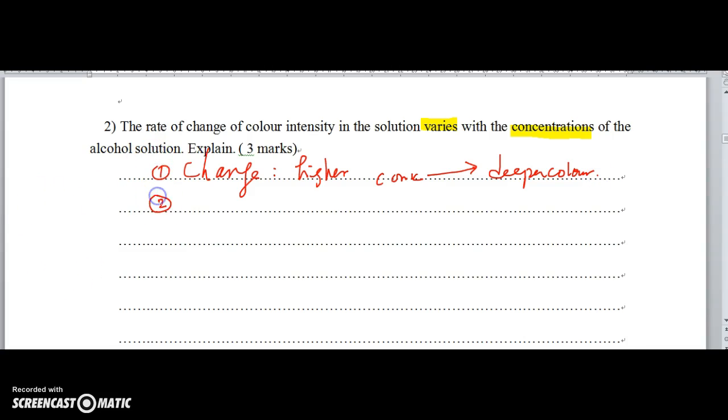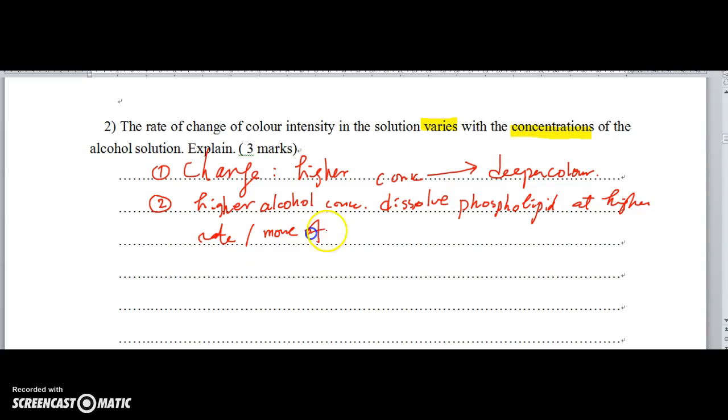The second thing that you must describe is the damage to the phospholipid layer. So higher alcohol concentration dissolves the phospholipid at a higher rate, or more of it is damaged.